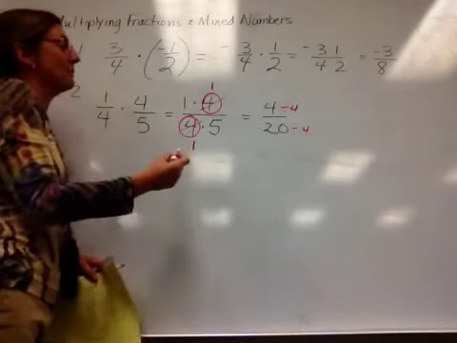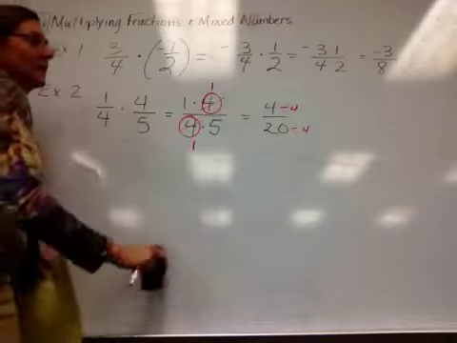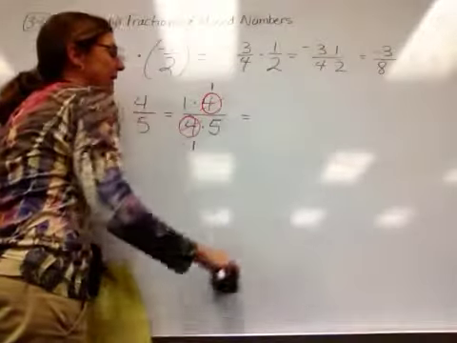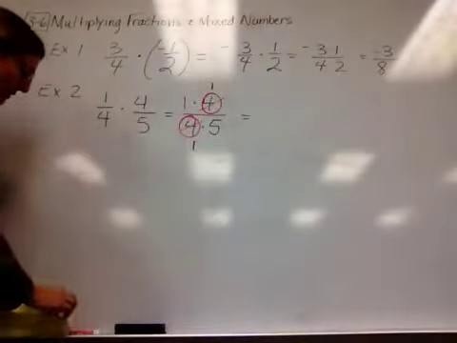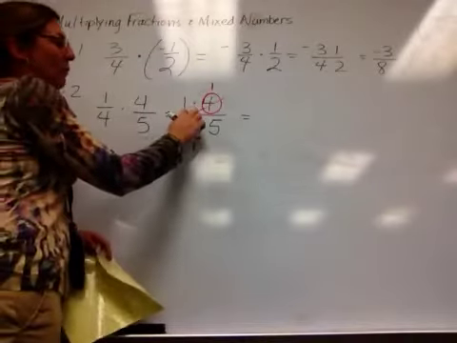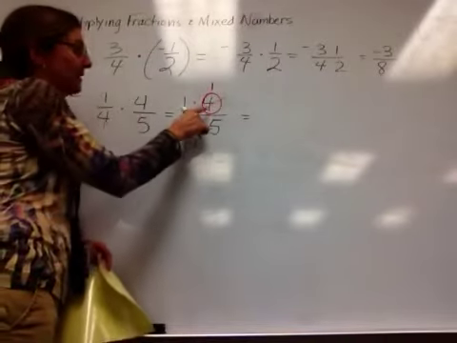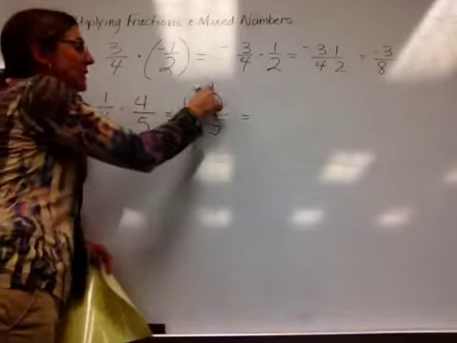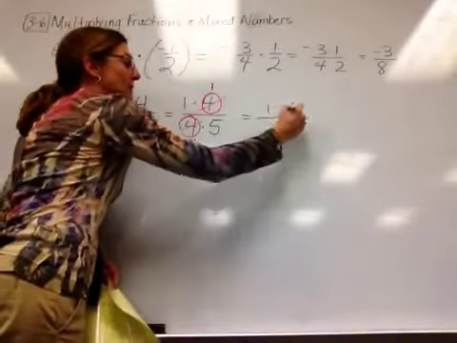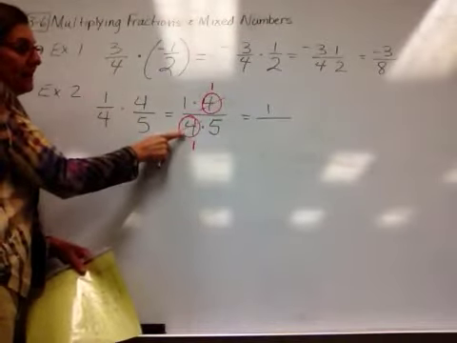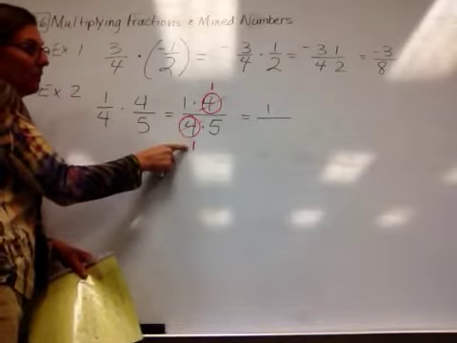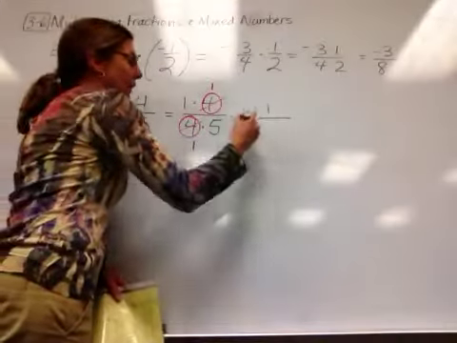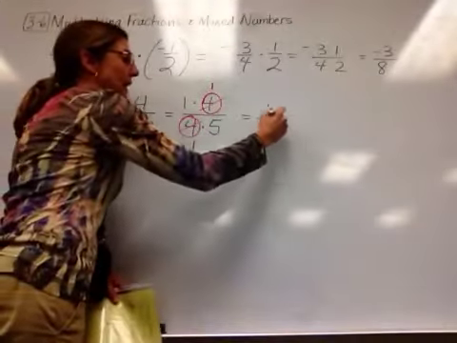So now, when I multiply straight across, we'll have 1 times 1, because I divided out that 4. So 1 times 1 is 1. And now I'm going to do 1 times 1 down here, or 1 times 5, which is 5.